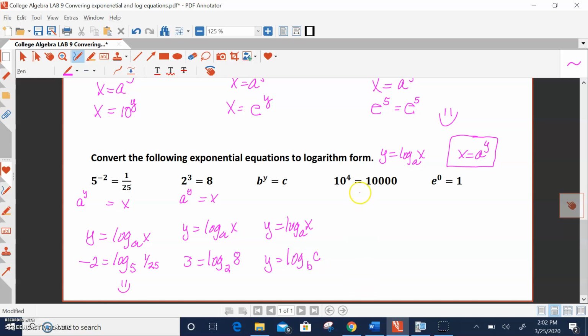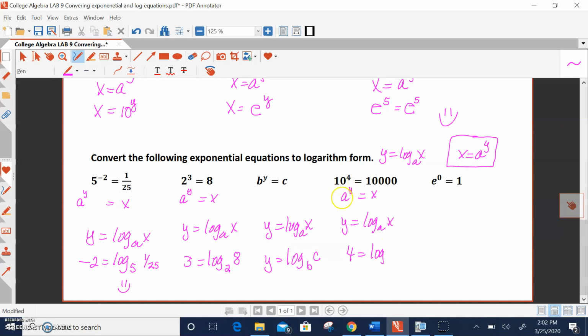Let's take a look at this one. We've got a to the y equal x. Let's convert it to y equal log base a of x. So the y position is a 4.